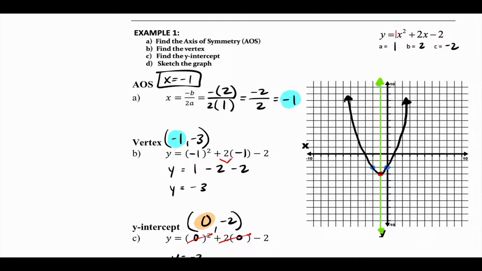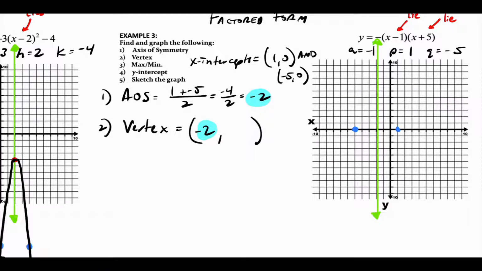Last week, to figure out the vertex, we used the axis of symmetry and we plugged in everywhere I saw an x, right? That's what we're going to do today, if it's in factored form. I'm going to plug in a -2 everywhere I see an x. So it's -1. The original is right here. -1, parentheses, -2, -1, parentheses, -2, plus 5.